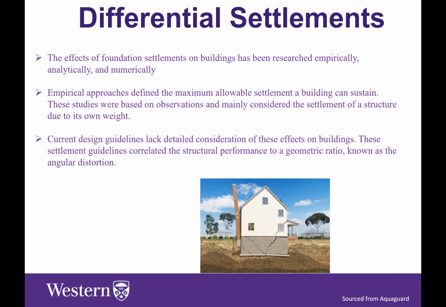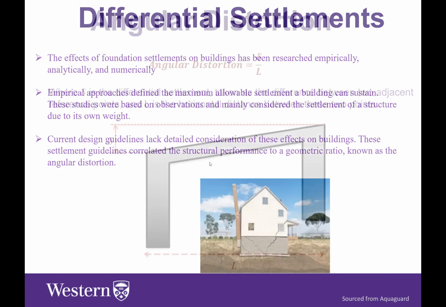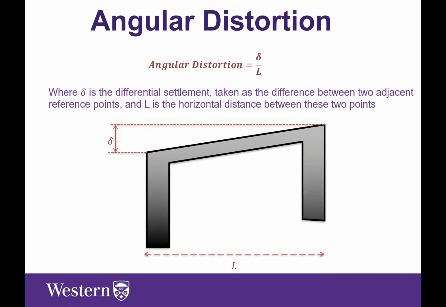This limit considered the settlement of the structure due to its own weight, and the performance was correlated with something called the angular distortion. The angular distortion is a geometric ratio of the settlement between 2 points within a structure to the horizontal distance between these 2 points.